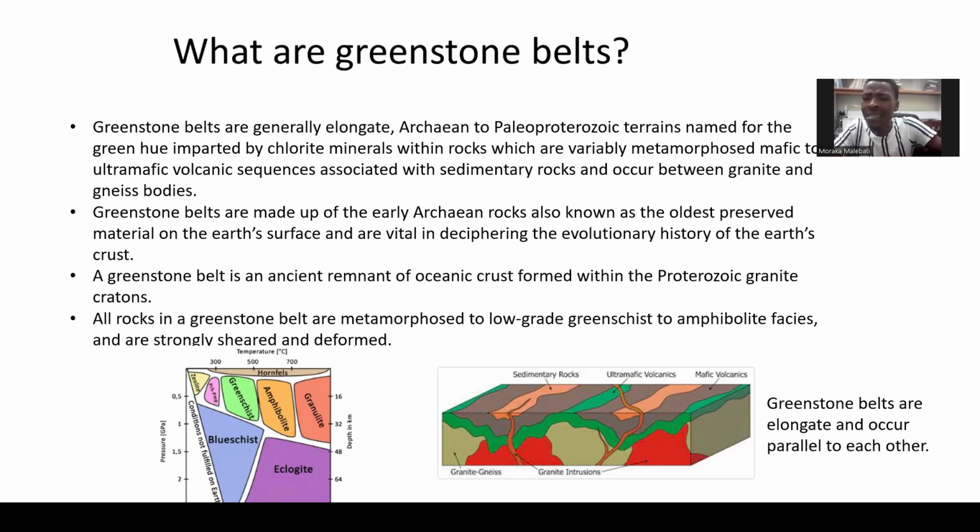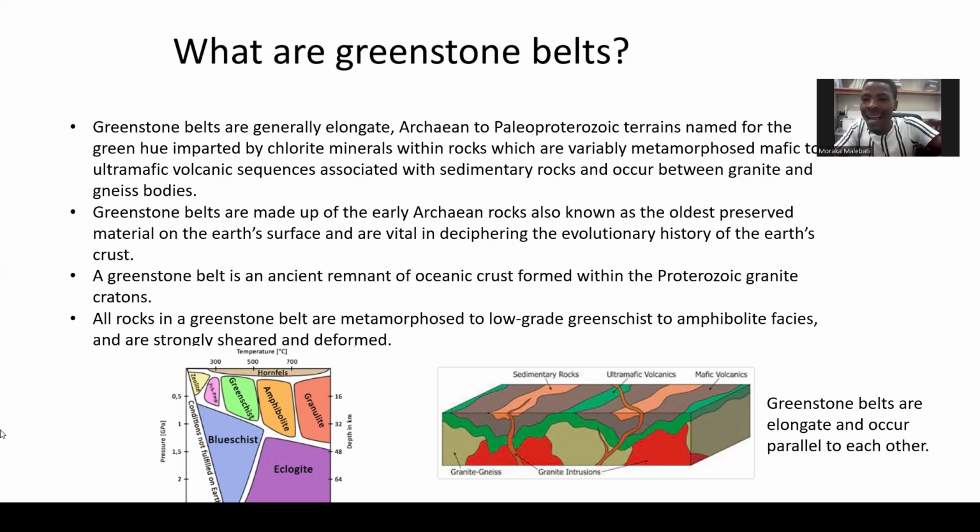And they occur, this is the most important part, between granite and granite gneiss complexes, or between granite and granite bodies. So basically, this is the definition of what a greenstone belt is. So let's discuss it further.